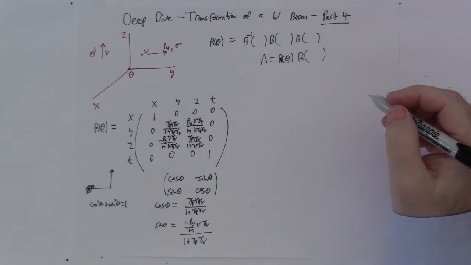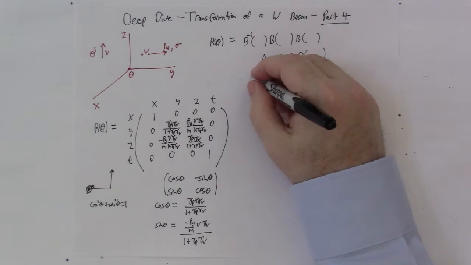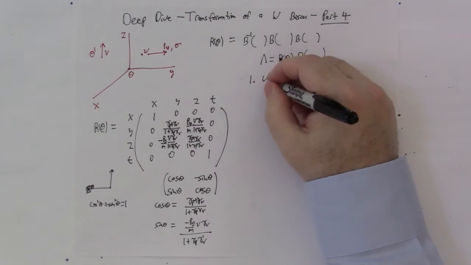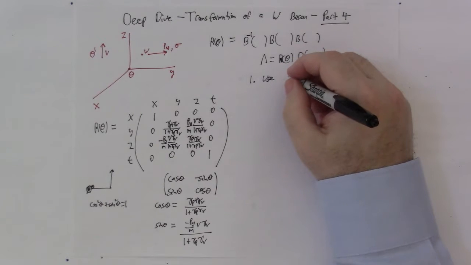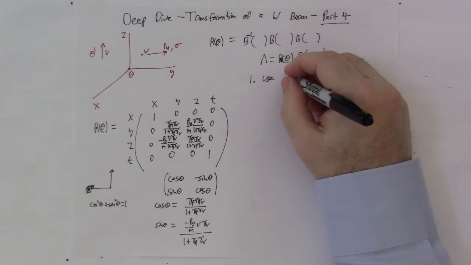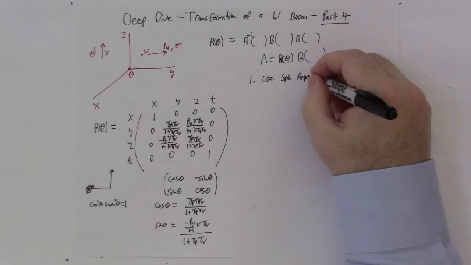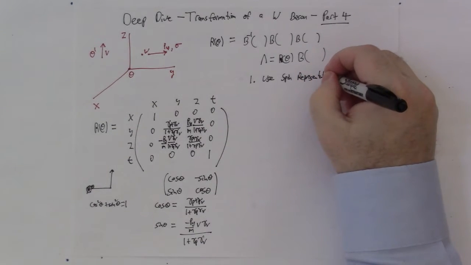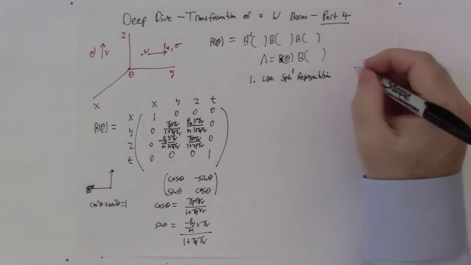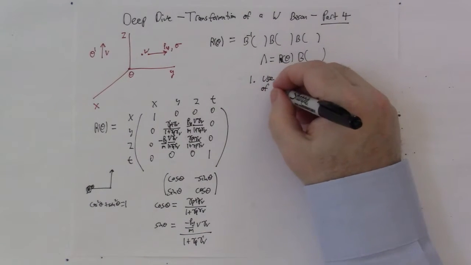Now at this point, there are two ways to proceed. One is you can use the spin representation, in this case the spin 1 representation of the rotation group.